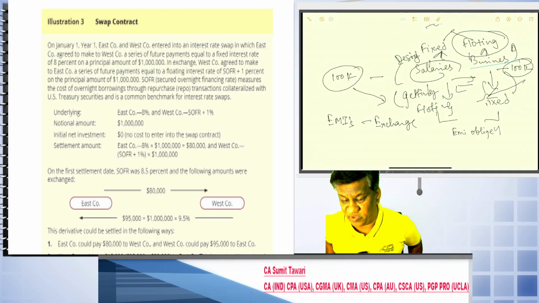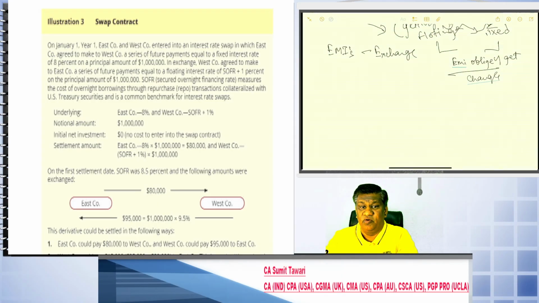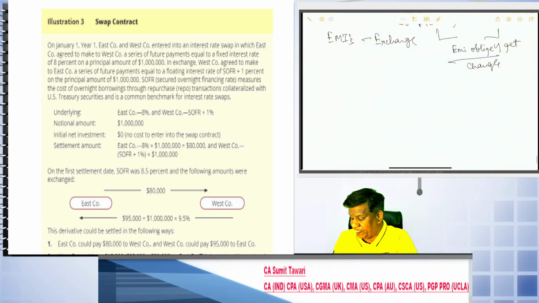That is basically a swap. The salaried person enters into a contract with the businessman for the exchange of EMI, so the salaried person gets an EMI with a fixed amount and the businessman gets an EMI with a floating amount. So the EMI obligation gets changed. That is basically the swap contract for the interest rate. Now you can understand.